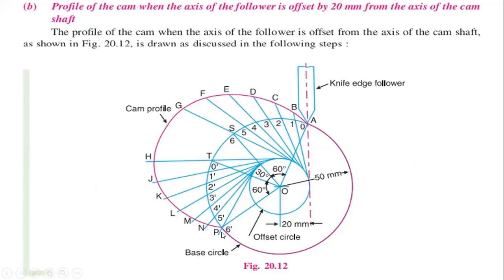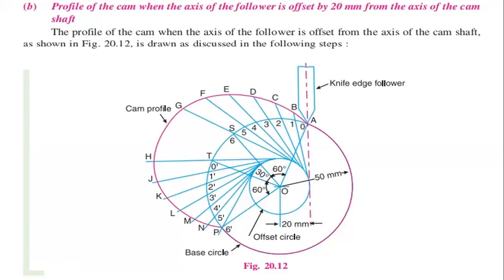Next, the dwell period may be marked as the thick line with the pink line to the knife edge follower. So it may be indicated to the end position. So that is the procedure for drawing the offset follower, which is having a distance of 20 mm.